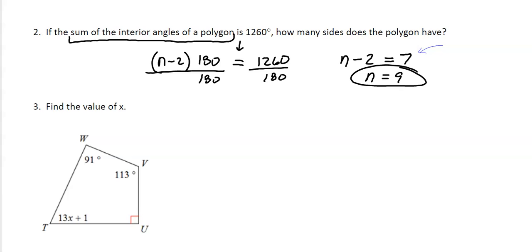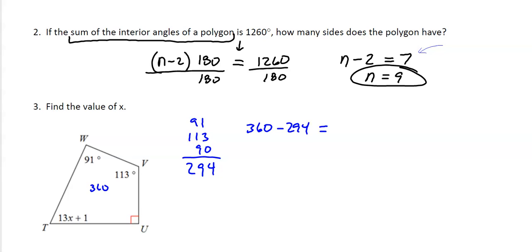All right, number 3, find the value of x. Well, first thing I need to understand, this is a quadrilateral, so everything needs to add up to 360. Right now we have 91, 113, and 90. Let's see where that puts us. That's 294. So subtract that from 360.